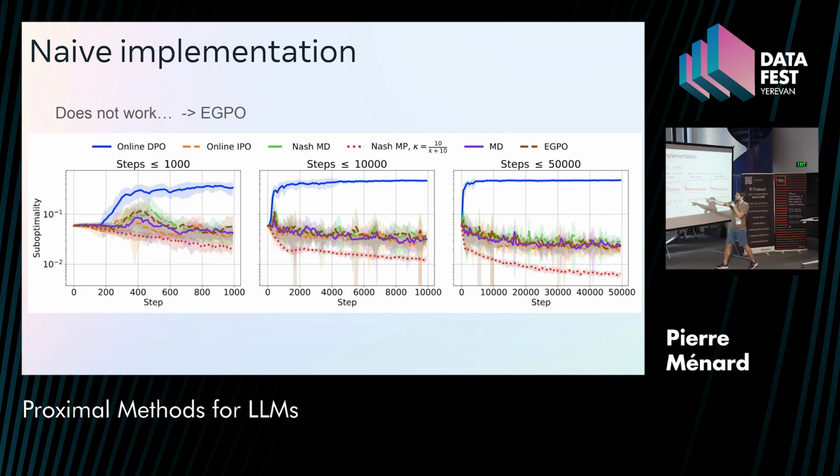So here is the suboptimality gap, and here each GPO is this naive implementation of the Mirror Prox, let's say, theoretical algorithm. And Nash MP is what I will present right after. But you can see that each GPO is kind of behaving similarly to Mirror Descent. So you do not gain that much by doing 2 steps.